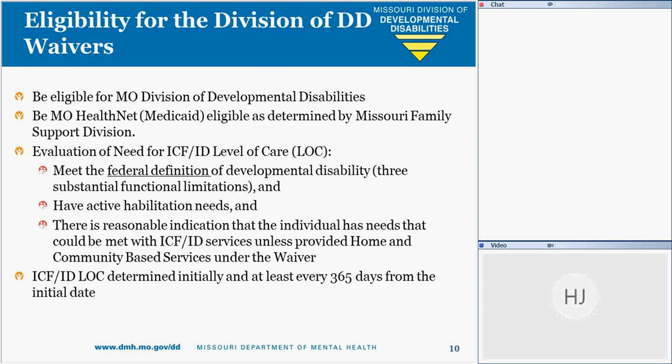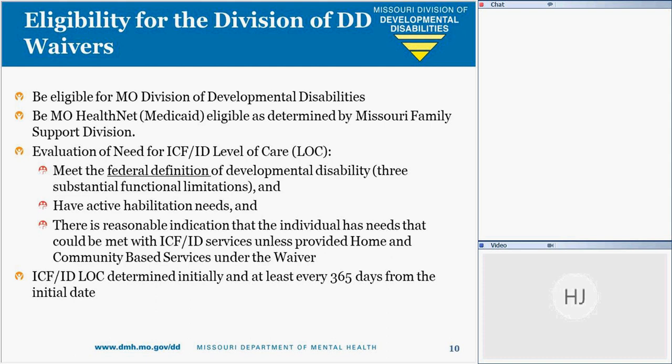Defined in the waiver is the population. So for 1915(c) home and community-based waivers, the eligible population is defined as being eligible for Missouri Division of Developmental Disabilities services, and Medicaid eligible as determined by Missouri's Family Support Division. You have to have an evaluation of need for ICF/ID level of care.